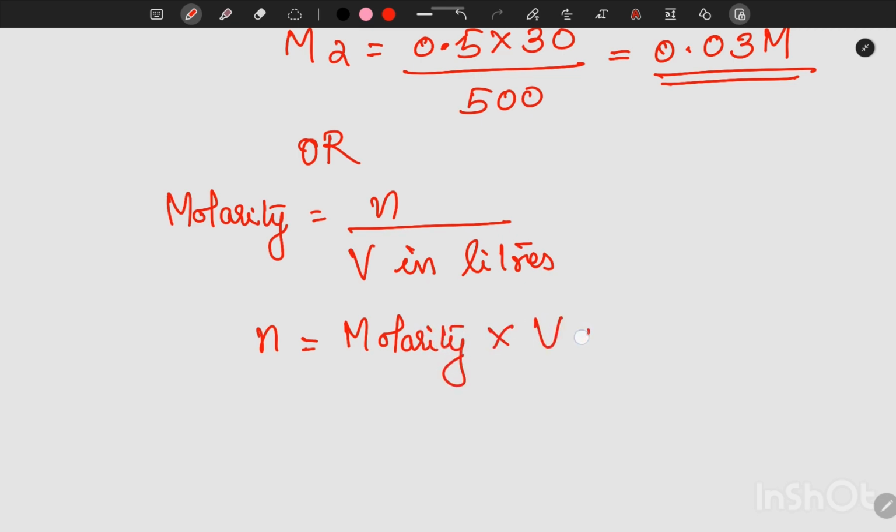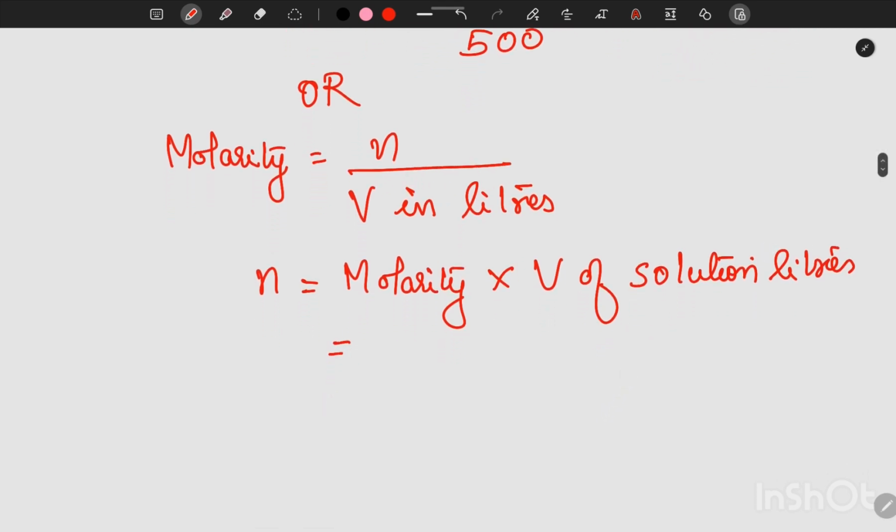So initially the molarity is given as 0.5 and volume is 30 ml.